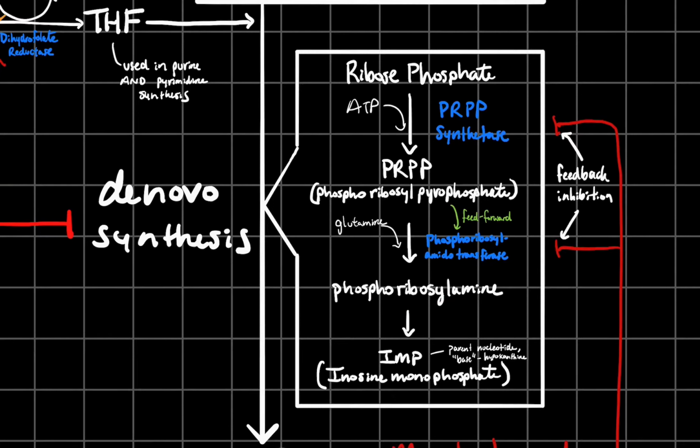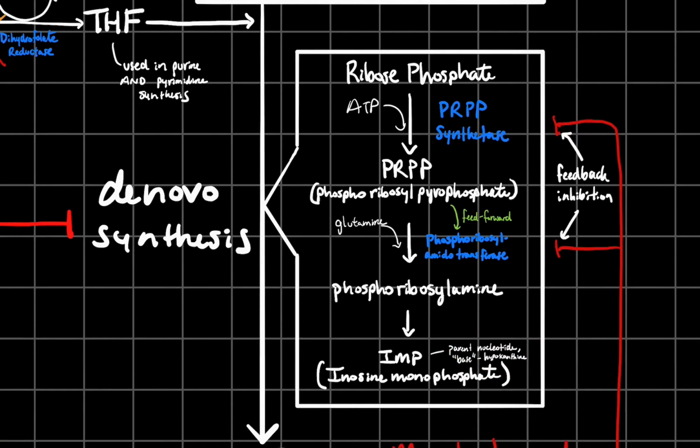And it's going to take in a glutamine and it's going to make phosphoribosylamine. Okay, and phosphoribosyl aminotransferase is going to be the rate limiting step in this series of reactions. Once you make phosphoribosylamine, it's going to be readily converted into your inosine monophosphate. And that's going to be your parent nucleotide.